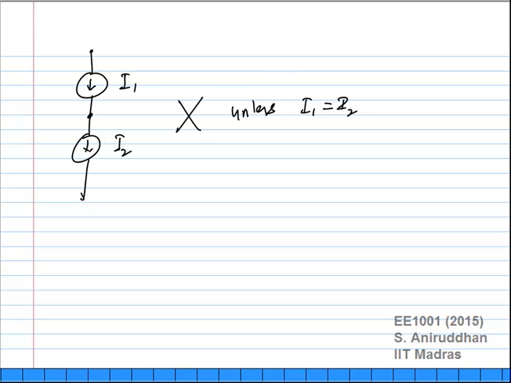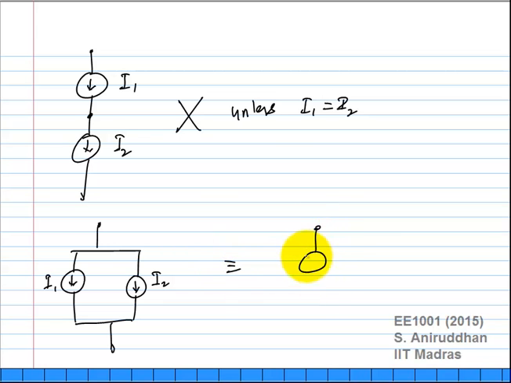It will be just the same I. What is the value of I? I1 plus I2. Okay, value of I is I1 plus I2.